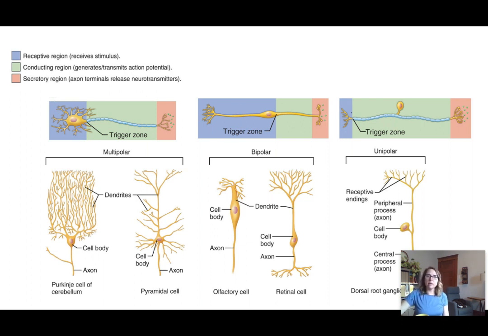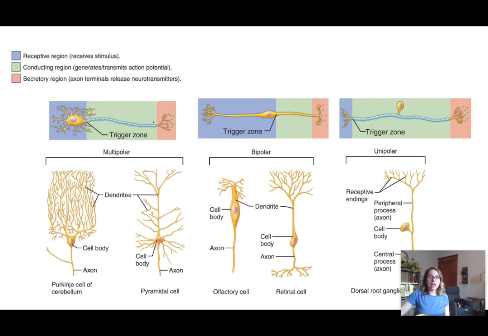That's why we labeled these as the dendrites. If you wanted to draw an arrow on your three pictures we just labeled, you could draw an arrow going from here down this way, because this is the receptive area.